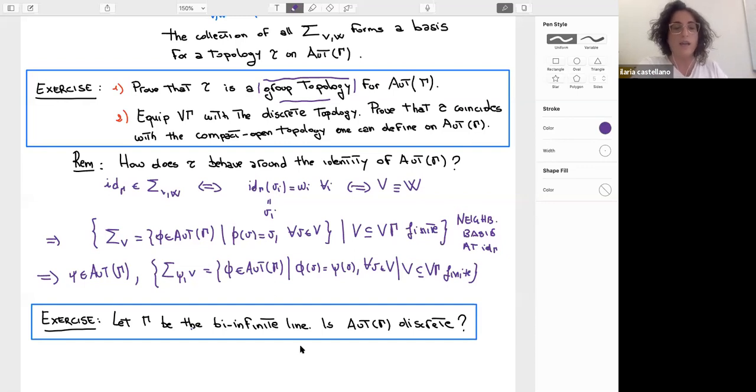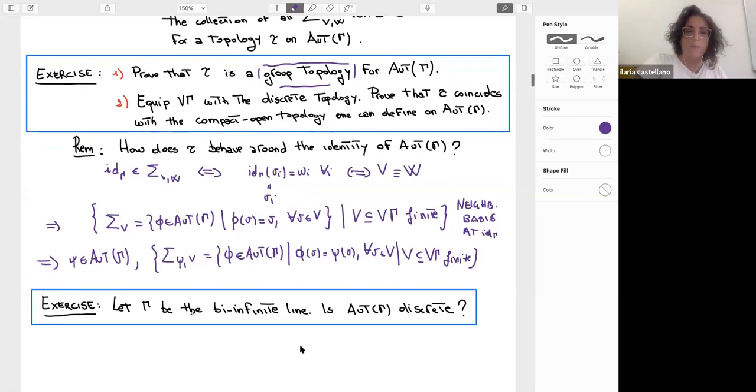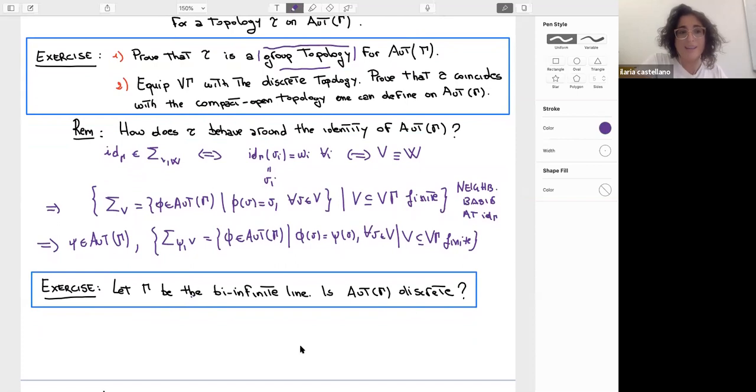This is why I've written this exercise. For the bi-infinite line that I drew before, if you look at the neighborhood of the identity, you should be able to understand whether the automorphism group is discrete or not.